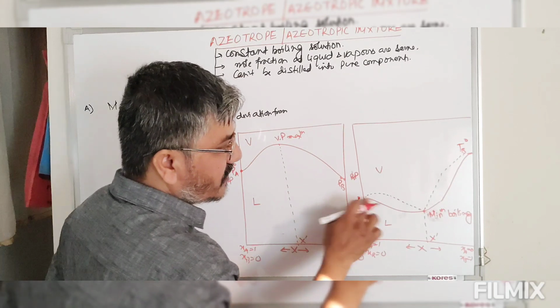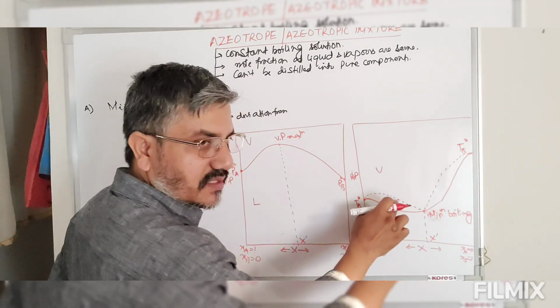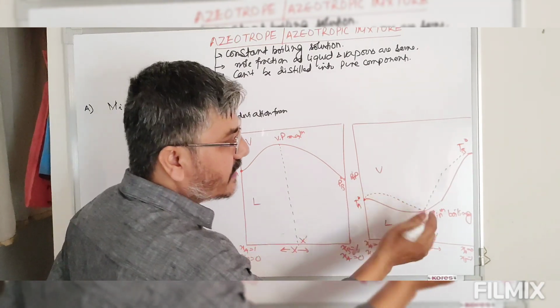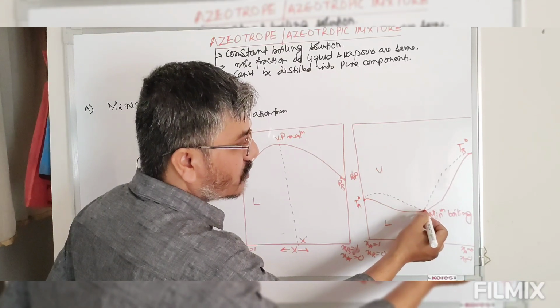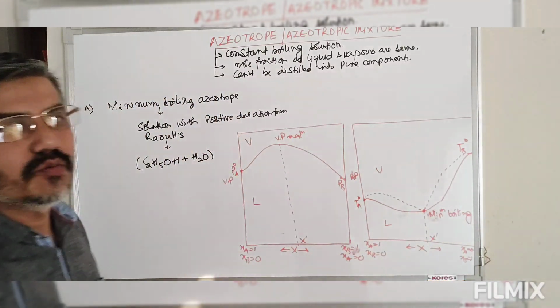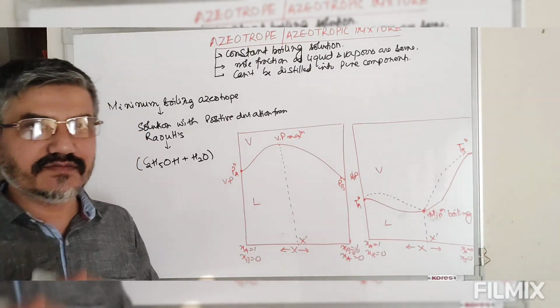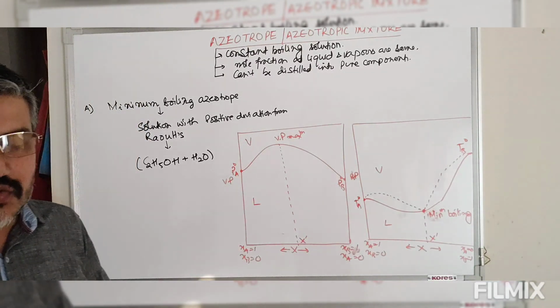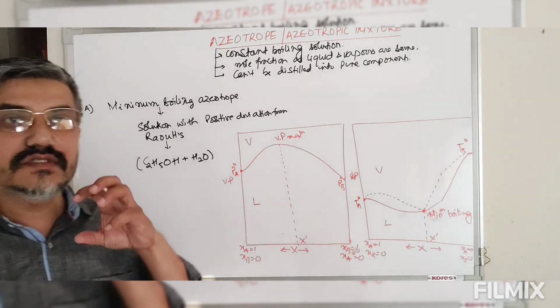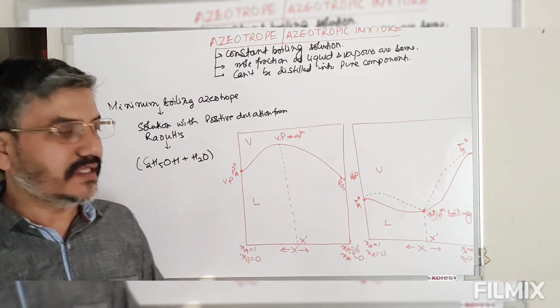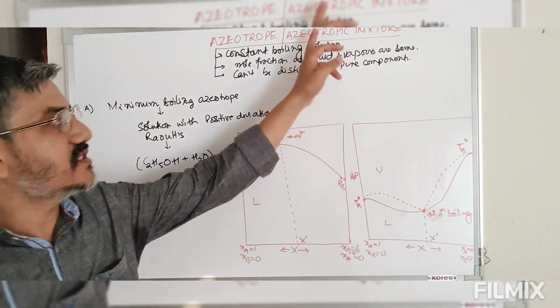Now moving from this point to this point, we can easily distill the components, but at this point the solution will behave as if it were a pure component. Once the solution mixture is behaving like a pure component, that solution will not be able to distill further. That particular point is what we call the azeotropic mixture.